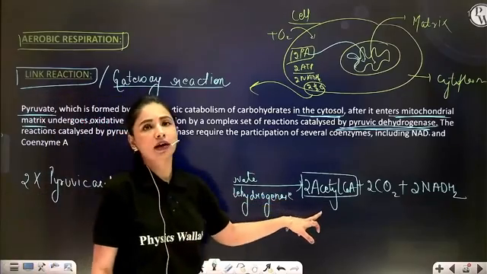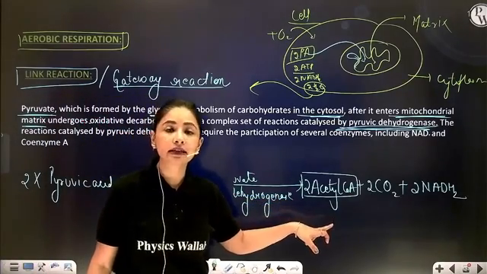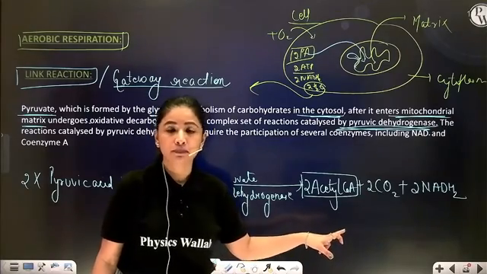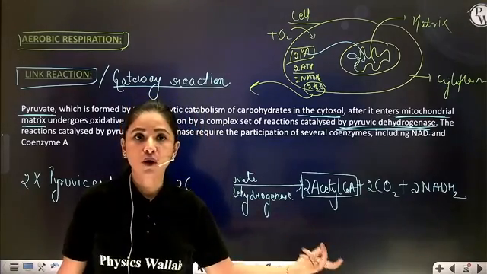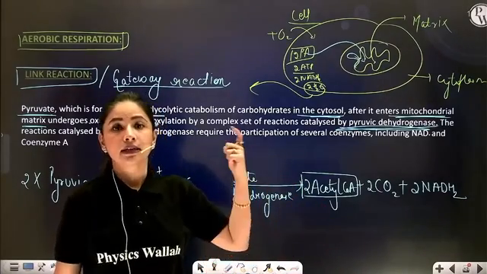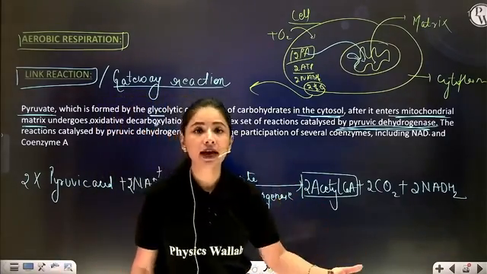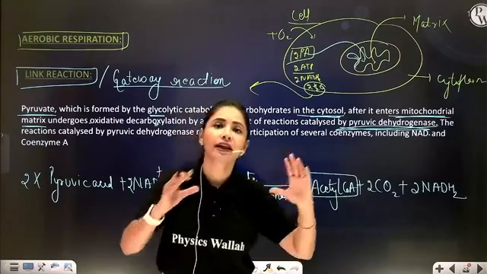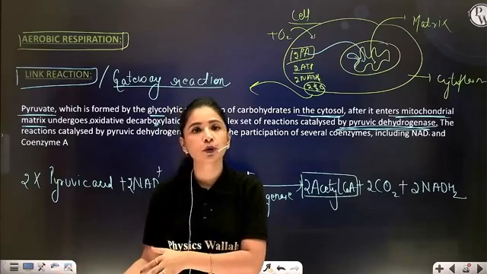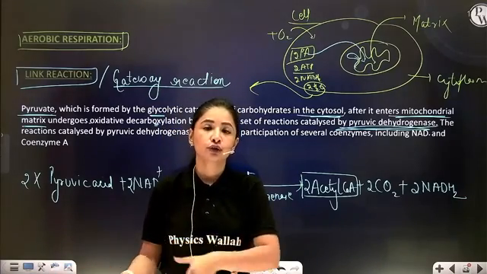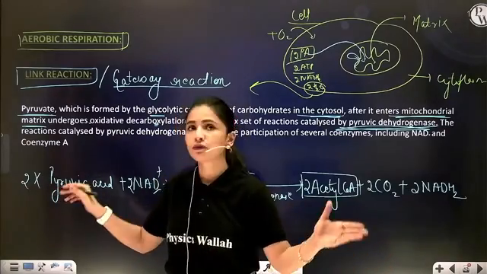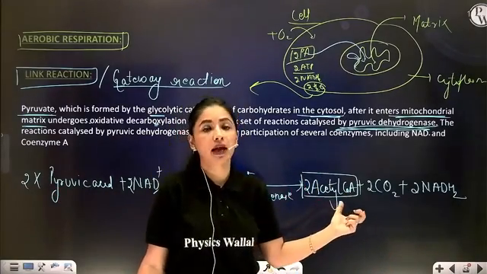This is the product obtained during the link reaction, and now this product is going to become the primary substrate for the Krebs cycle. This reaction is known as the link reaction because it is attaching glycolysis to the Krebs cycle. It is converting the end product of glycolysis to the first product of the Krebs cycle. You are converting pyruvic acid into acetyl coenzyme A. Why?